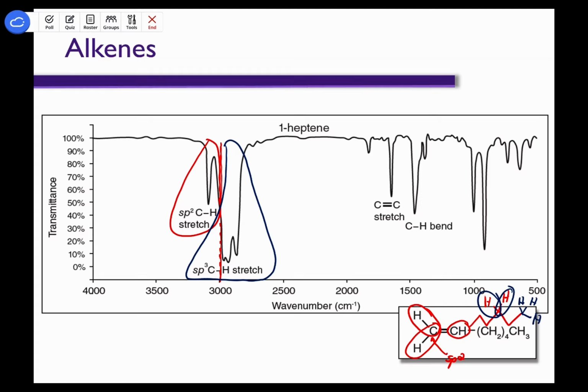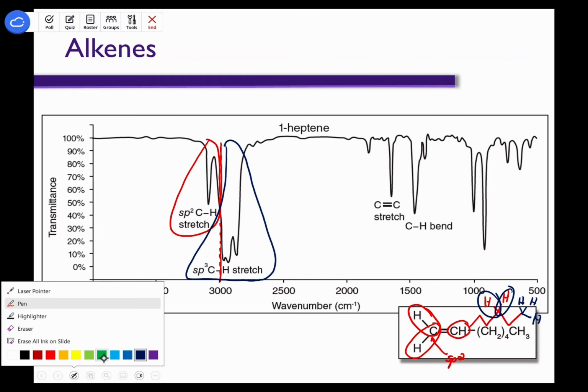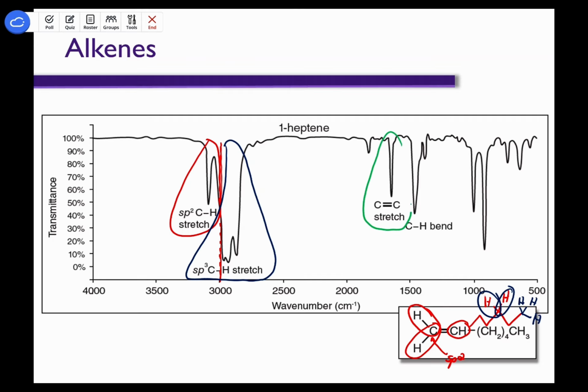So this carbon-carbon double bond around 1650 wave numbers, we can certainly identify. So here we have our carbon-carbon double bond stretch, and that's the vibration between the two sp2 hybridized carbons, this double bond. We have some bends in the fingerprint region as well, but those ones are harder to identify. So we're going to focus on the stretches happening in the main diagnostic region.